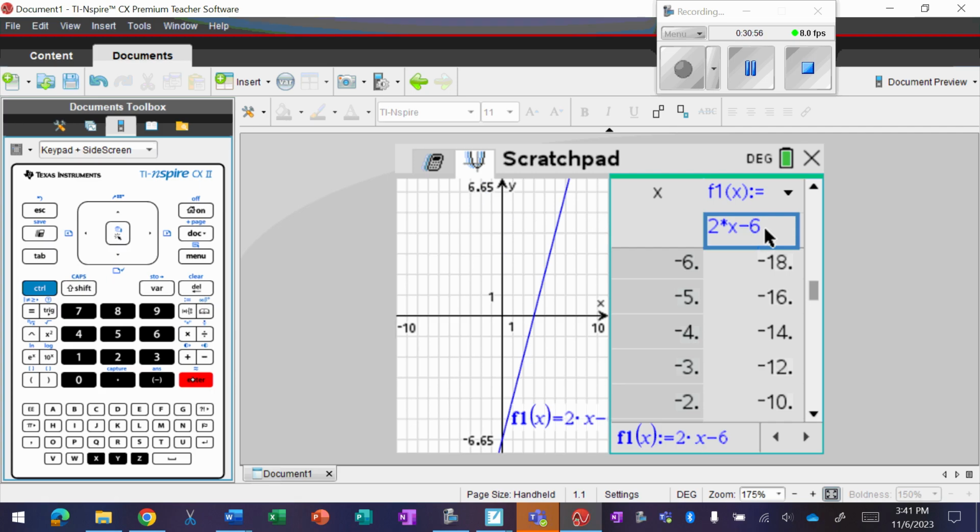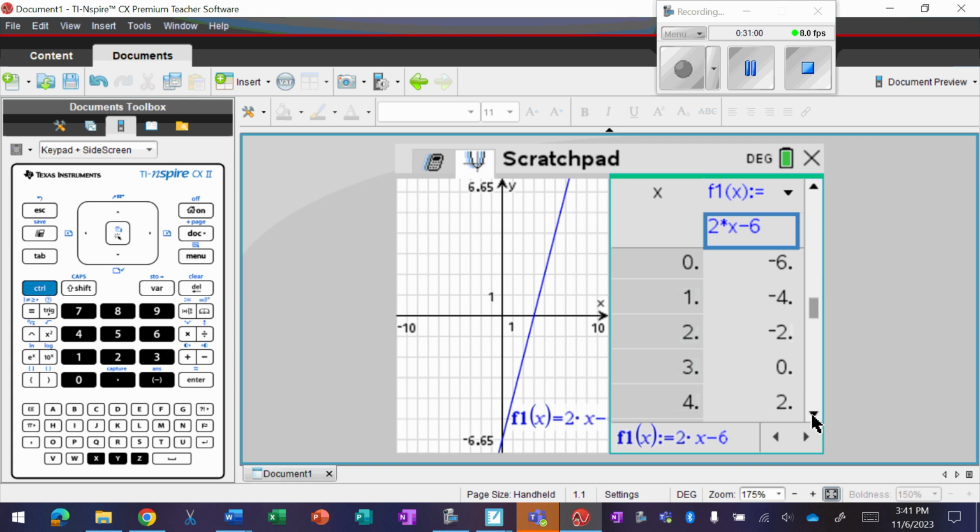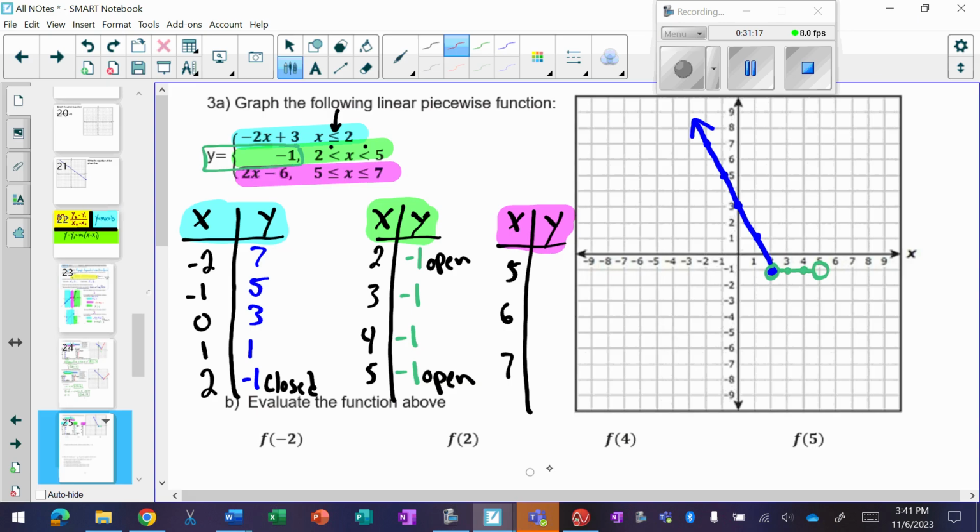There's my new table of values, but I need to graph these values from 5 to 7. So I just need those three numbers, where x is 5, where x is 6, and where x is 7. Okay, so when x is 5, our y value is 4. When x is 6, the y value is 6. When x is 7, the y value is 8.